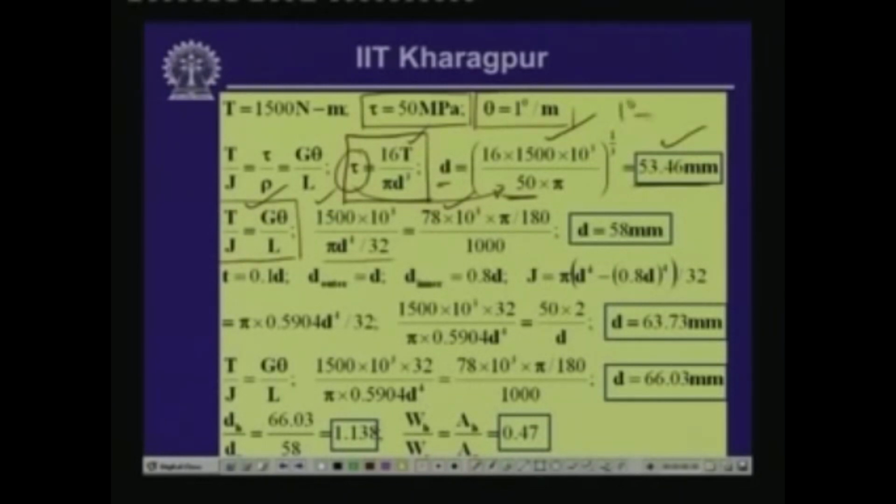So, 1 degree is pi by 180 radian. This is what is used over here, divided by 1000 which is the L, and this gives us a value of D equal to 58 millimeter.